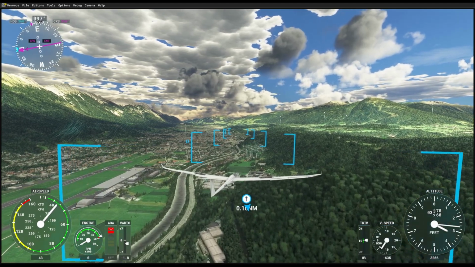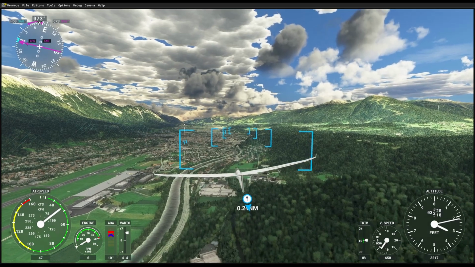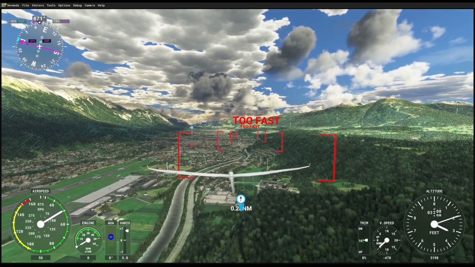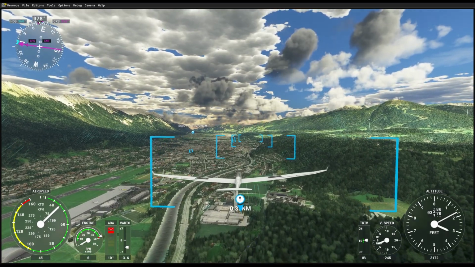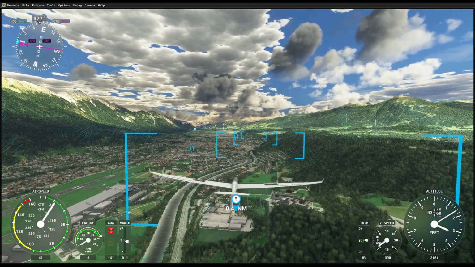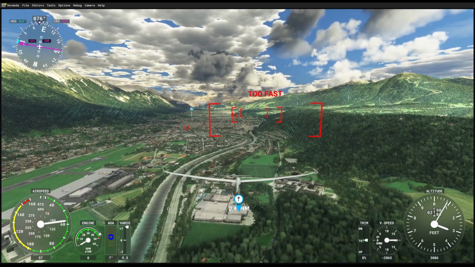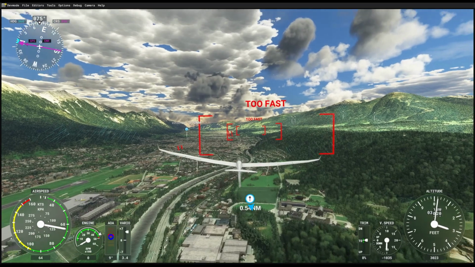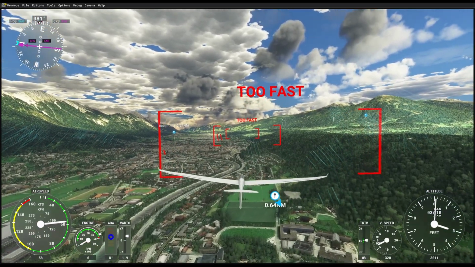The rule of thumb for flying in a pattern in a sailplane is to fly your stall speed, or 67 kilometers per hour, plus half of that, plus the wind speed. That would mean that we should be flying at about 110 kilometers per hour. But at 110 kilometers per hour, Microsoft Flight Simulator says we're too fast.